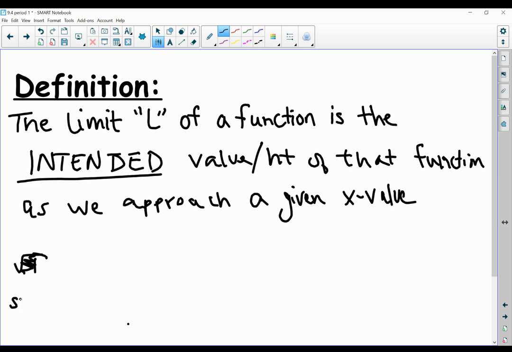Kind of like sine. Sine is a command in mathematics that says find the ratio of opposite over hypotenuse for a given angle, but we have to give the angle in order for it to work. Log is another example of a command in mathematics. Log base 2, for instance, says find the exponent you would have to raise to get a certain value. So we have to write what that value is. It has to have an object.